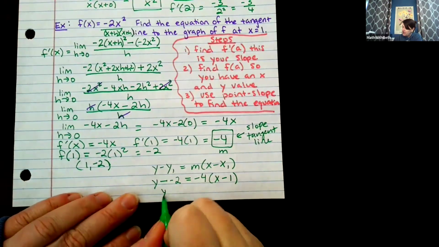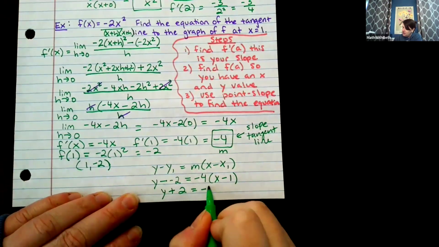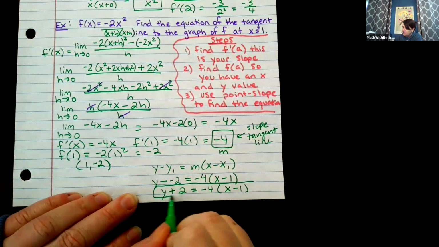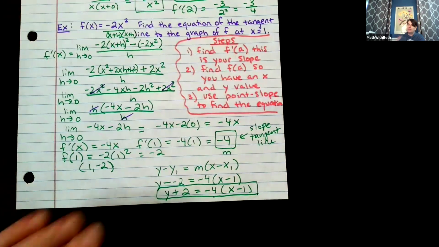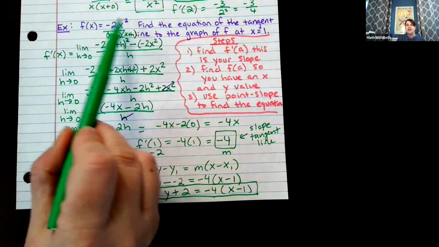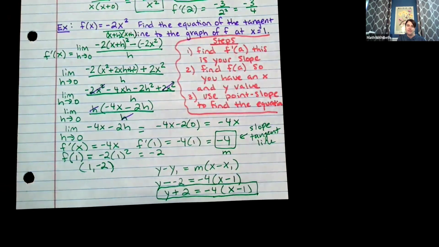And if they don't specify what form they want the equation, you can really stop right here. I just went ahead and made the two negatives turn into a plus. So this is the equation of the line that would be tangent to this at x equals 1.